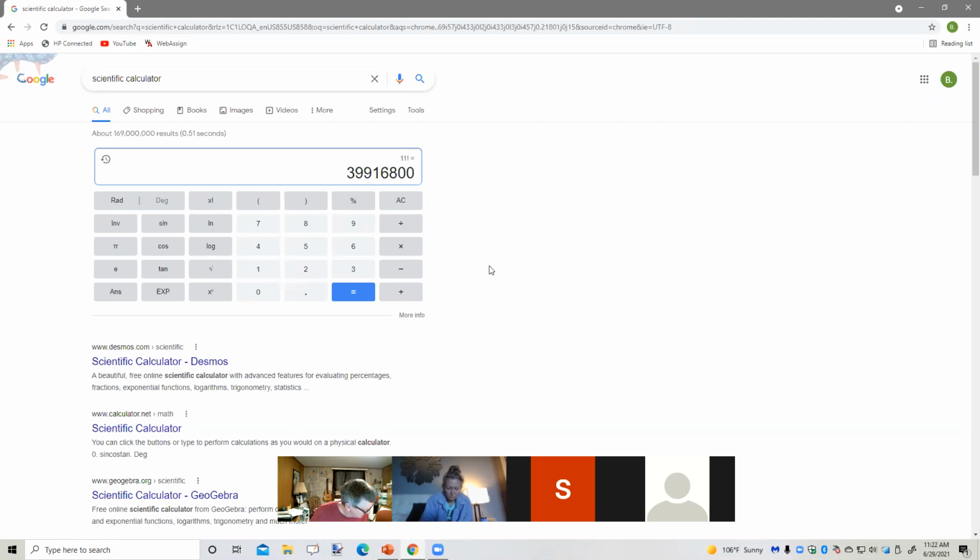All right, let's take a look at another problem. I'm going to clear this out. Let's do 55 factorial, and then equals. Now, what is all this strange notation? 1.2696403, and then it has a little e and a plus 73.